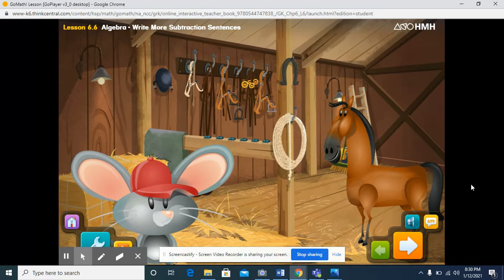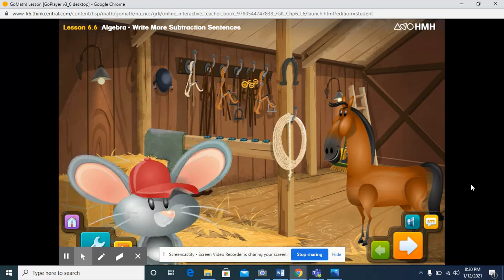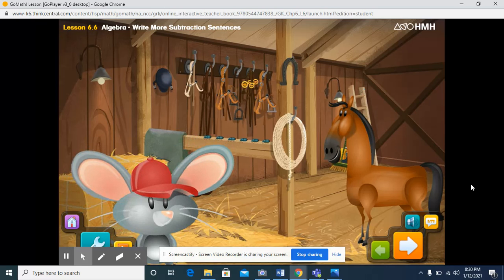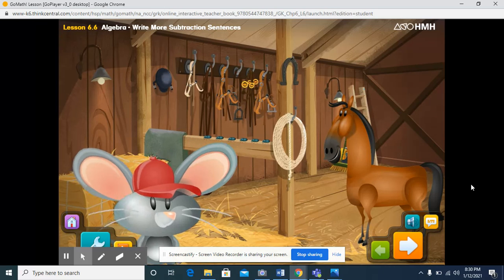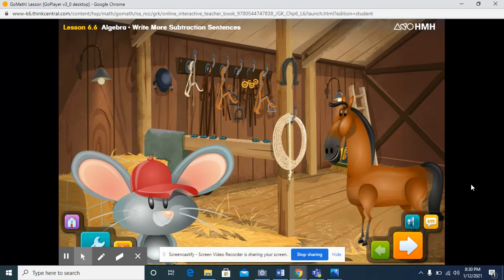Howdy! My friend Henry and I were just watching some beetles. Can you see them on the railing? Henry counted 6 beetles on the railing. Then 2 beetles crawled away.